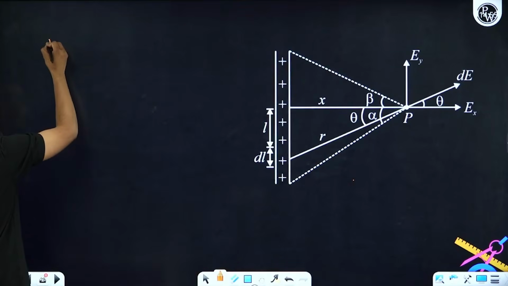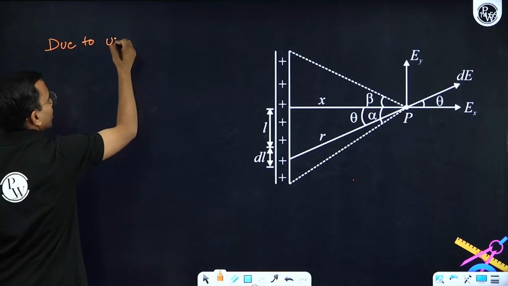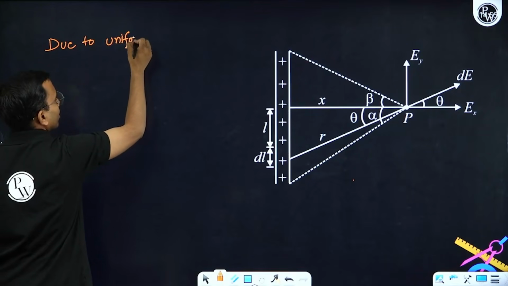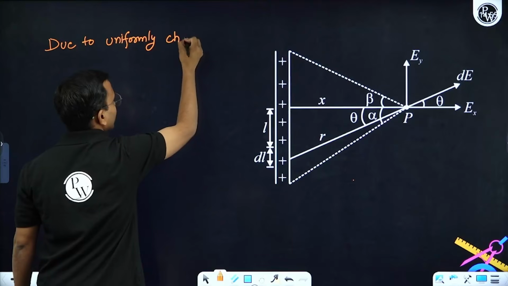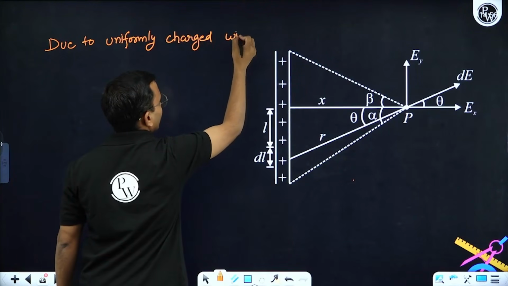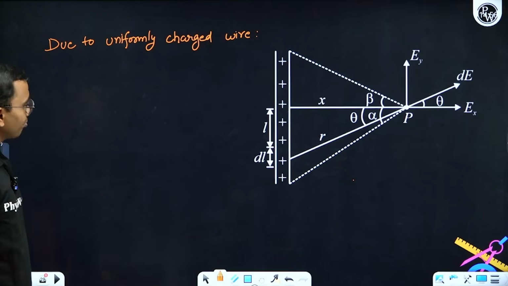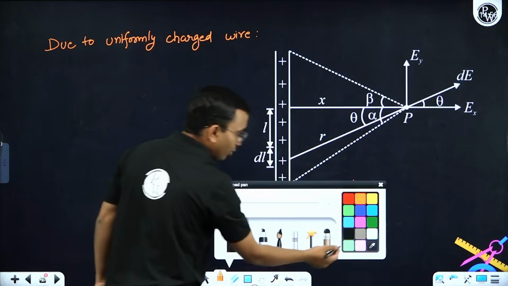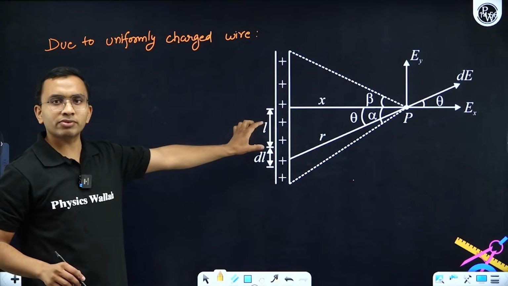Due to a uniformly charged wire, what we will do, again the same thing, we'll consider one point on this wire.